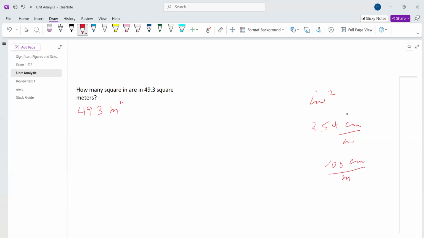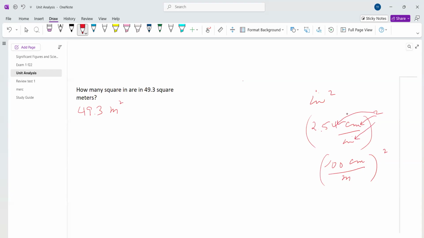To do that, we're going to square it. Now, if you square parentheses, you also square at the same time everything inside the parentheses. So that means we're squaring this, this, and that. Okay? So we're generating our own conversion factors here.